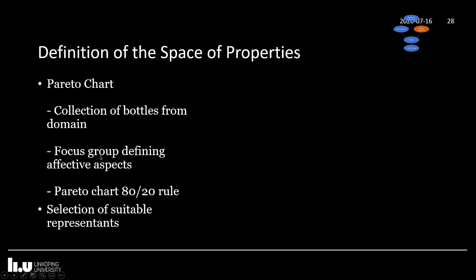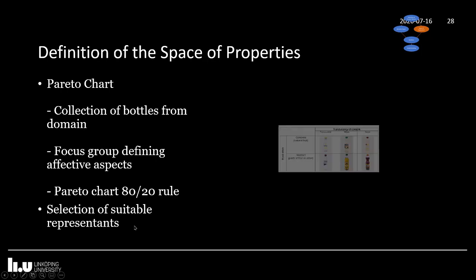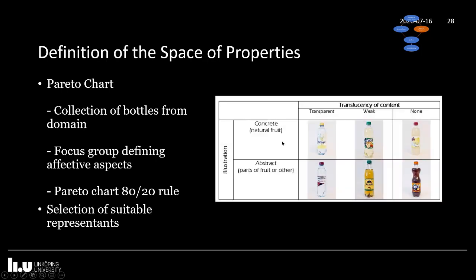What we did then was finding representative bottles, and here we chose two of the dimensions. We had the content here, translucency and color, and here we had illustration and label.